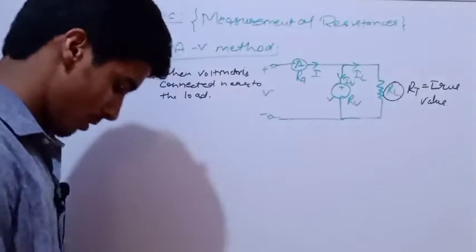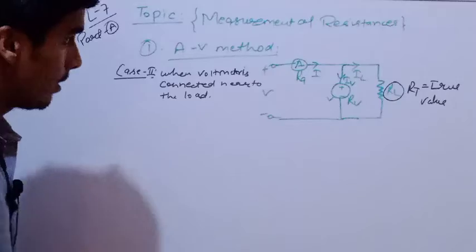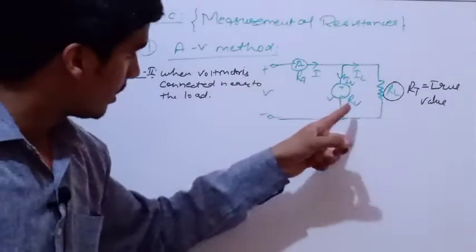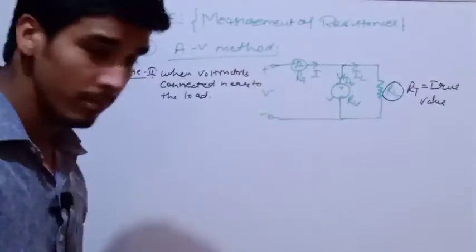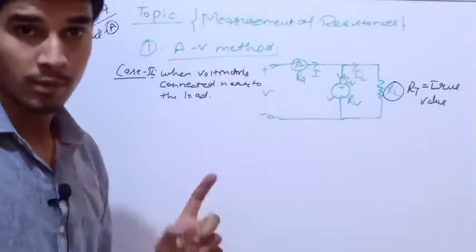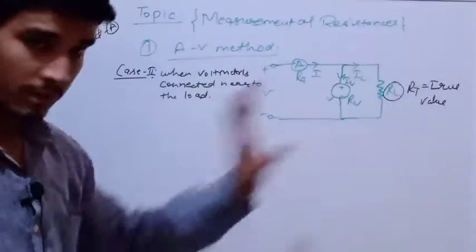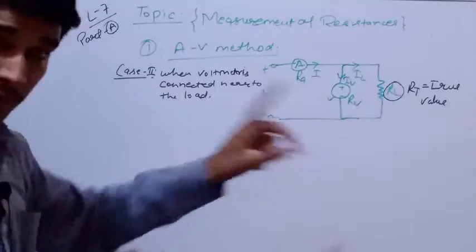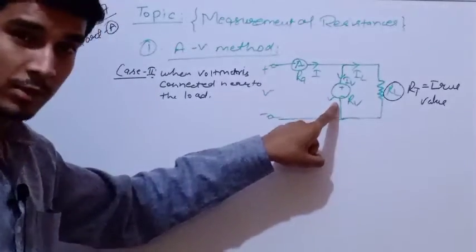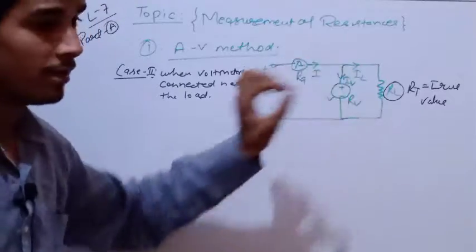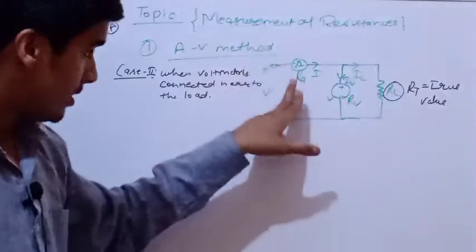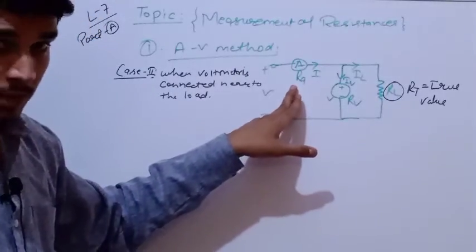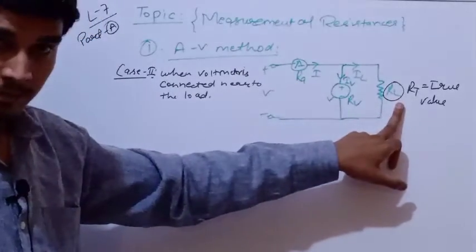Okay, now here you want to take the readings of the voltmeter as well as the readings of the ammeter. In the last you want to take the ratio of voltmeter to ammeter to get the resistance value. In this case this voltmeter is measuring the true value because it is directly connected across the load resistance RL, but this ammeter is not directly connected in series with the RL.